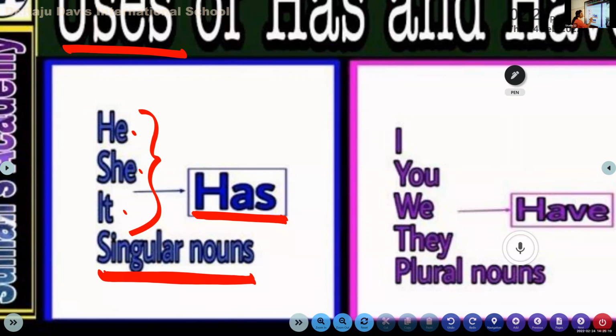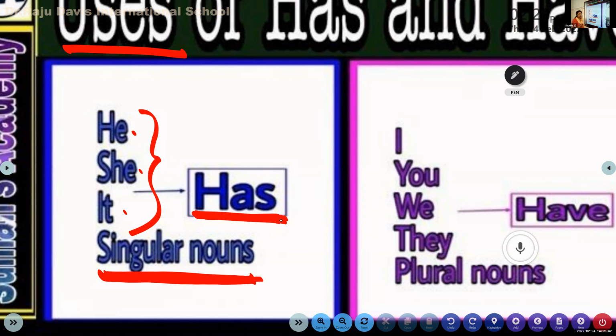Has is used with singular nouns. Singular means what? One. When we talk about one person, one place, one animal, or one thing, we use has. And also when we talk about a singular pronoun, that is he, she, or it, we use has.